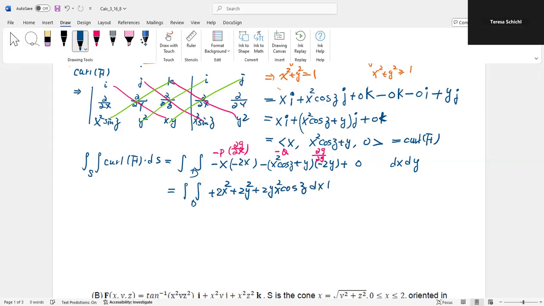Now I have a dA. So the dA satisfies the x squared plus y squared, so it's z equal to 1 minus x squared minus y squared. So as you can see, of course, you can get this answer by integrating those, then plug into whatever, because I know the x squared plus y squared equal to 1. So in here, it's pretty difficult to try to change it to the polar system, right? So we know this one is hard to integrate.